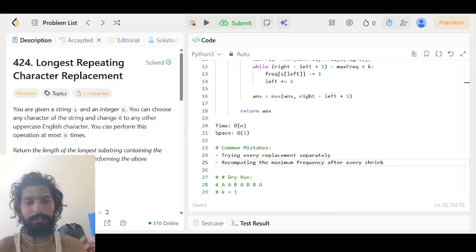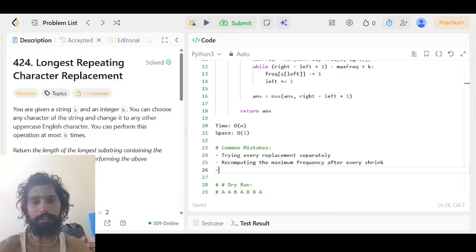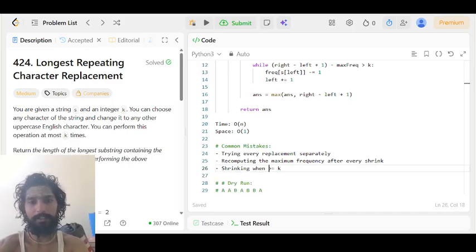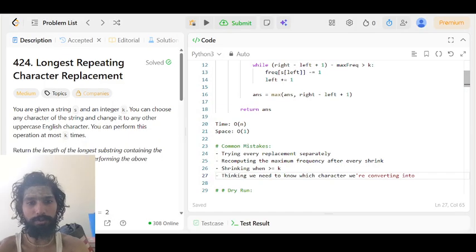And next is shrinking when less than or equal to k. That is a wrong formula. We need to shrink only when it is greater than k, not greater than or equal to k, because exactly k replacements are allowed. Then thinking we need to know which characters we are converting to. We actually don't need to know, the frequency formula automatically handles it.